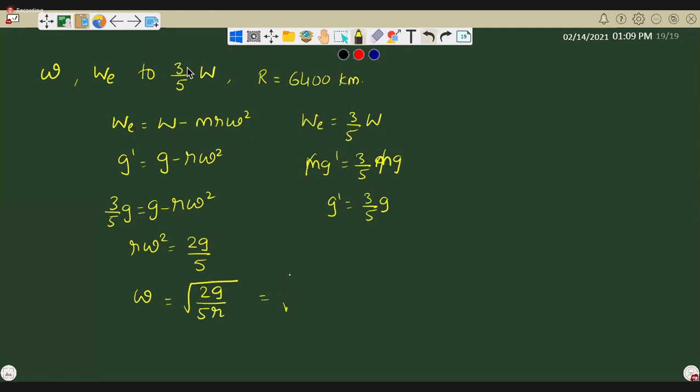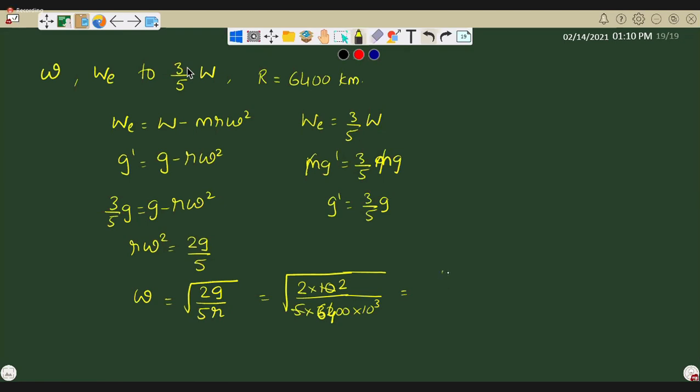This is equal to under root 2 into, we'll take approximately g as 10, over 5 into 6400 into 10 power 3, because this is meter per second square, I have to convert this into meters, no? Five ones, five twos, 4 if you take it, this is 16.